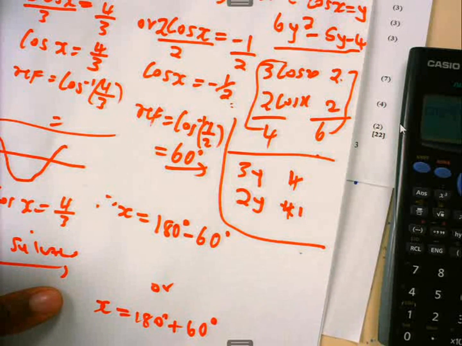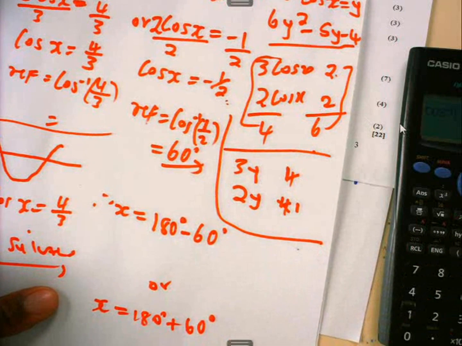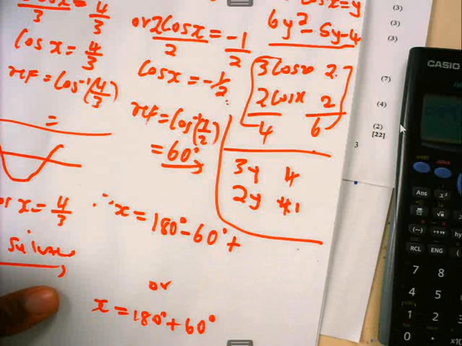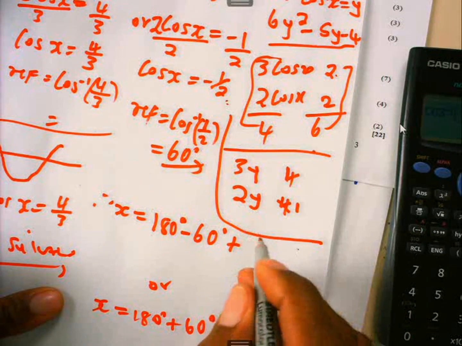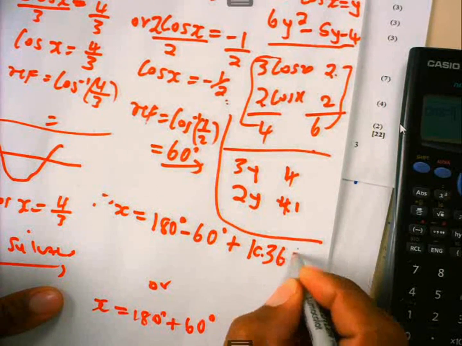Right. Now we need to answer the questions. At least we have two quadrants where cos is negative. When you determine the general solutions, remember I said you check the period of cos. The period of cos is 360.